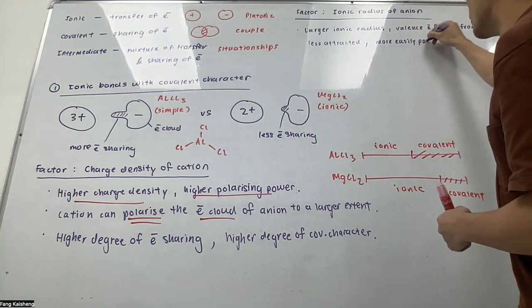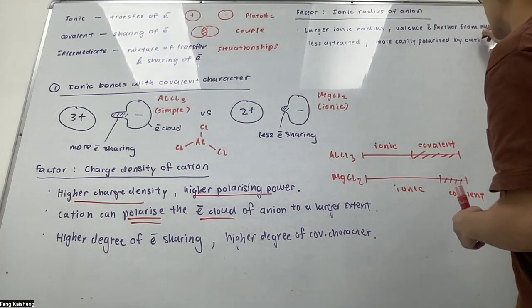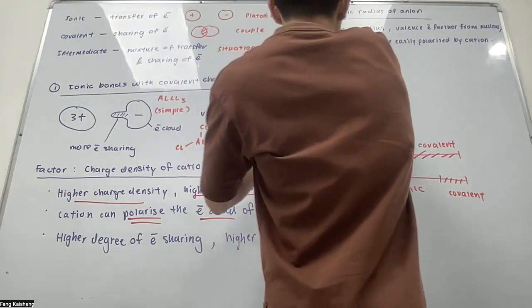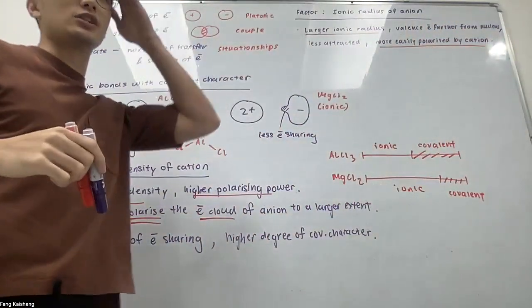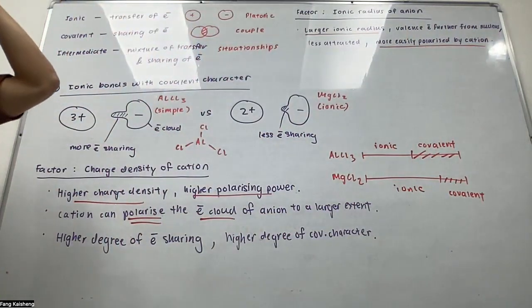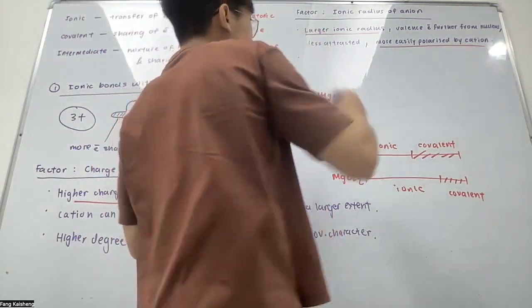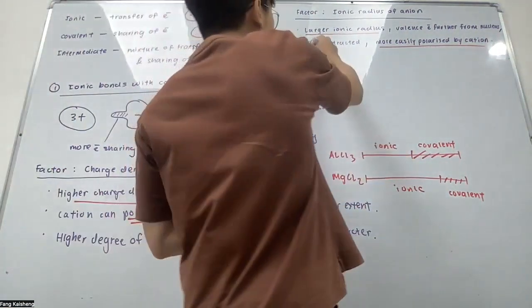Guys, I need you to highlight two things. You only need to tell me this and this in your answer. Don't need to tell me the rest. The rest are just for your own understanding. If you're more easily polarized, do you have more sharing of electrons or less? More.